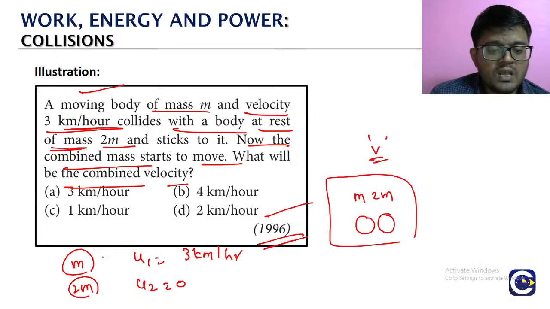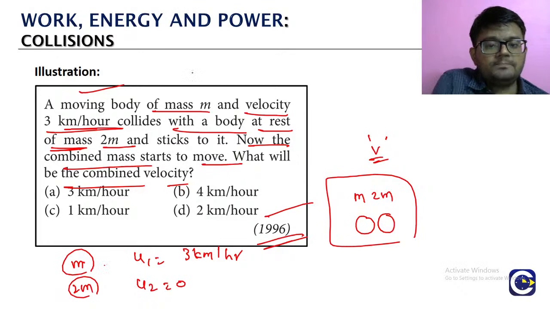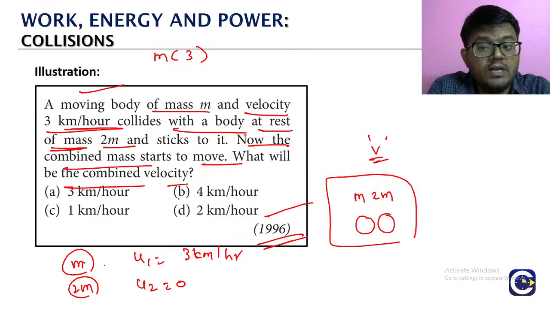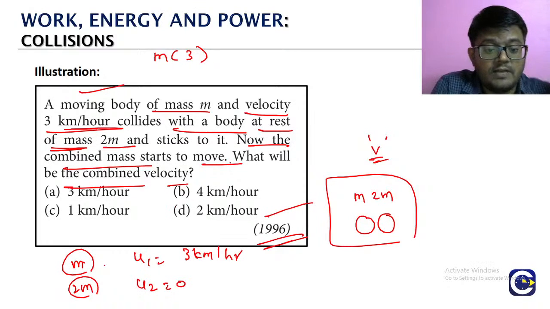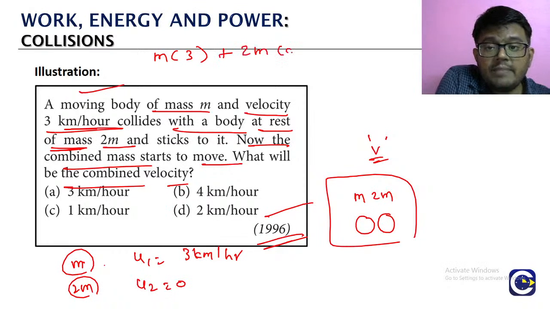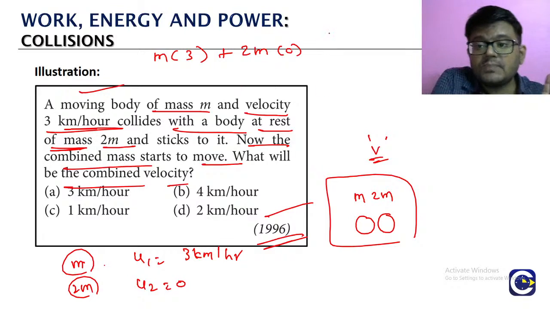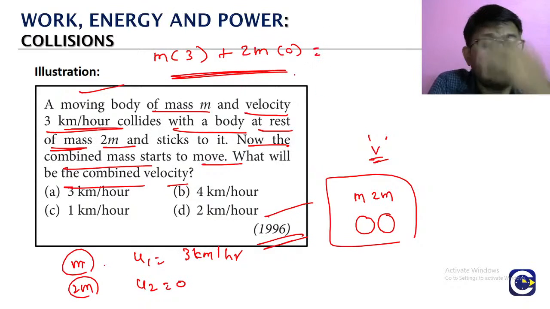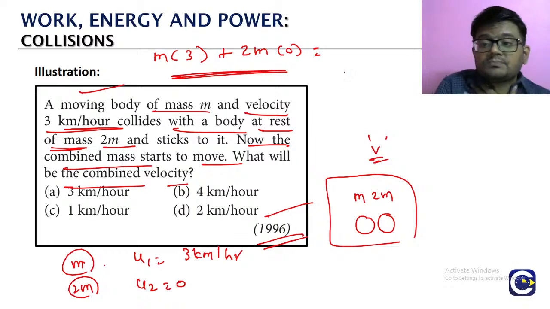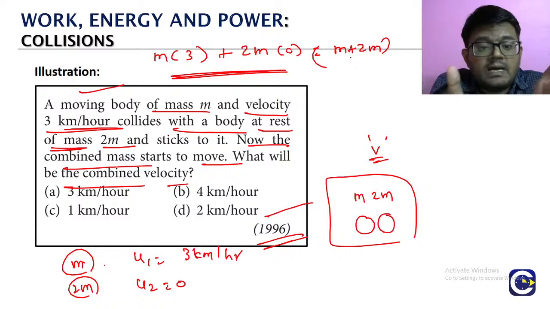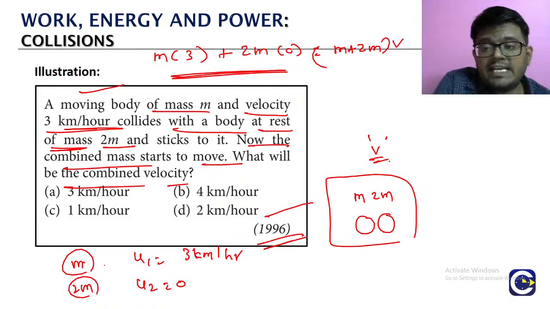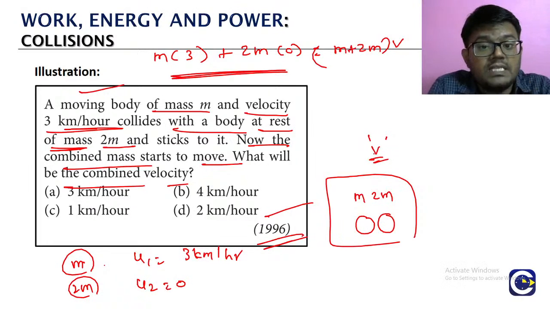Look here, what is the initial momentum? m into u1, which is m into 3. The value of the velocity will be in terms of km/h. Plus 2m into 0, as this is at rest. This total initial momentum is equal to what? Total final momentum means finally both these are sticking together. What is the total mass now? m plus 2m, that is 3m, into the velocity v. That v is what we want, our combined velocity.